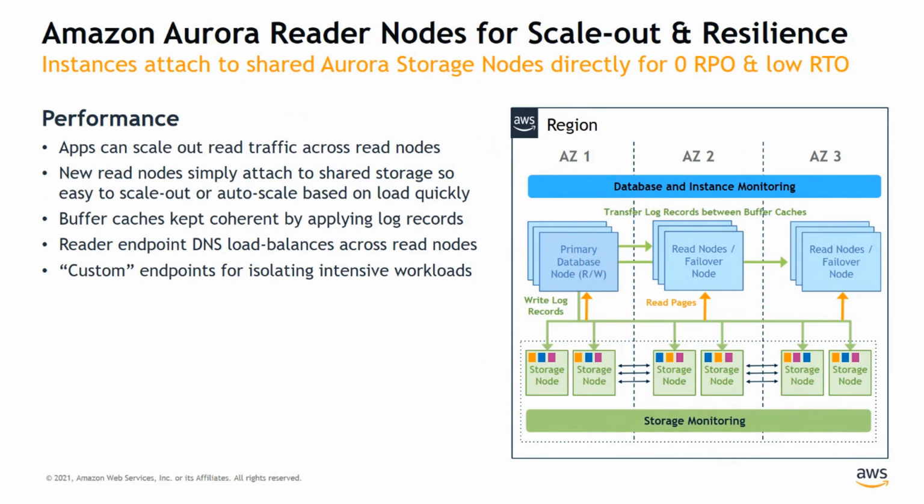Most customers that have strict high availability requirements utilize Aurora reader nodes as failover nodes and as scale-out nodes for read performance, right? From a performance perspective, obviously, you can create up to 15 read replicas in Aurora within the same region. We'll talk about cross-region and disaster recovery things later.